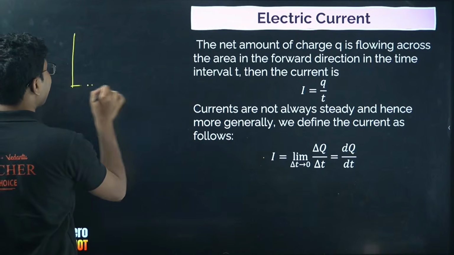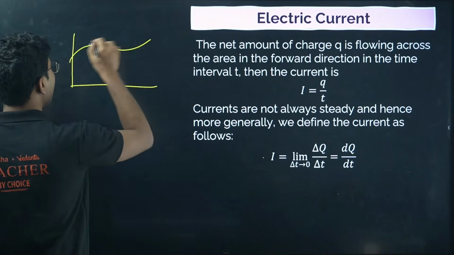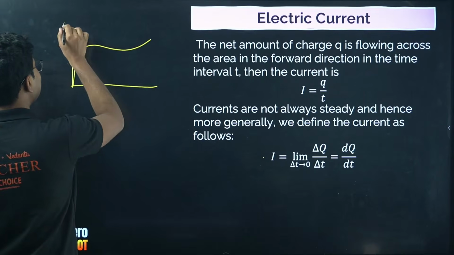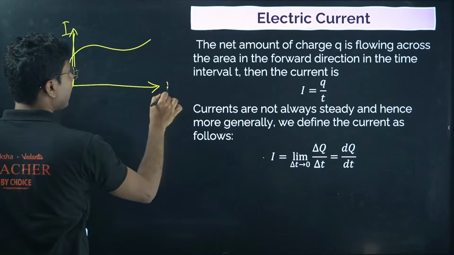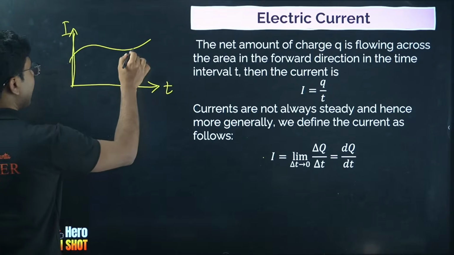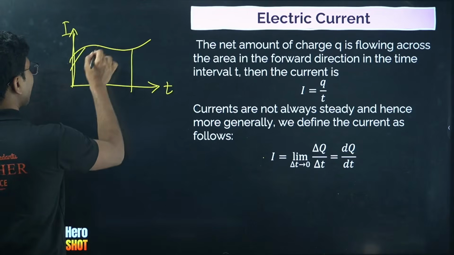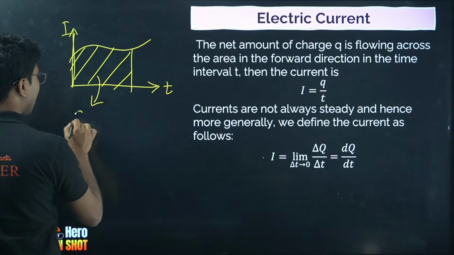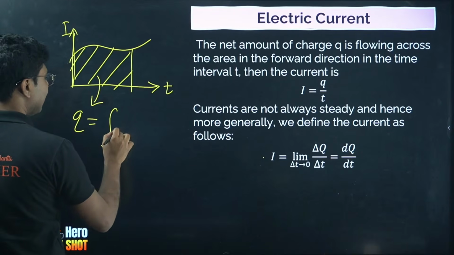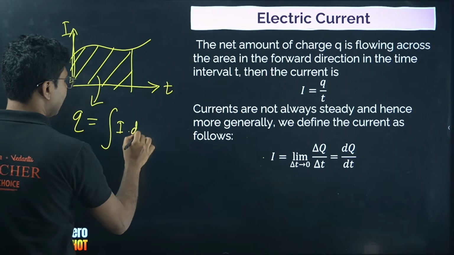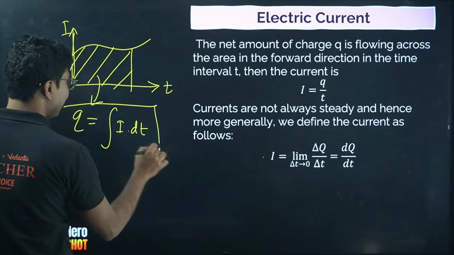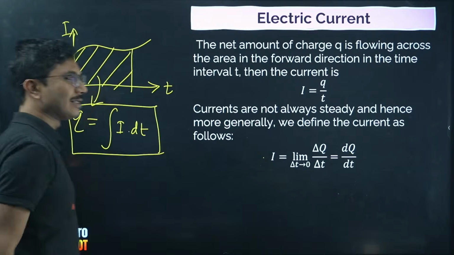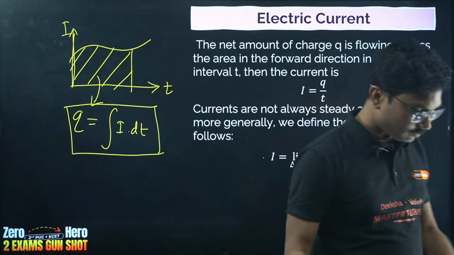If you are given a graph of current versus time, then the charge that is flowing is actually the area under the graph. So charge can be written as the integration of I dt. What is integration? Integration is nothing but the area under a graph, definite integration.